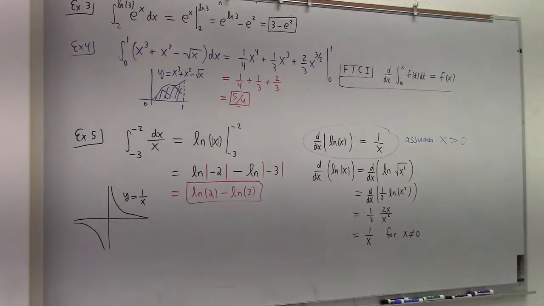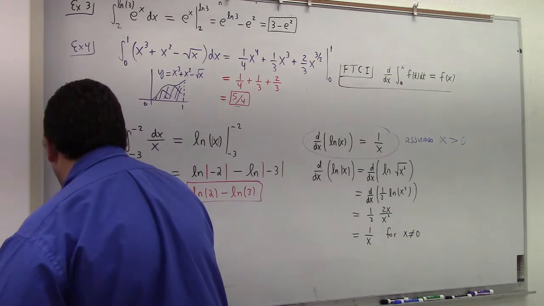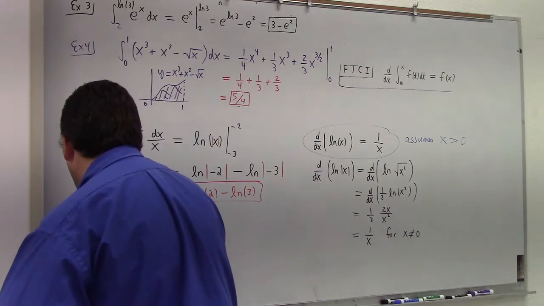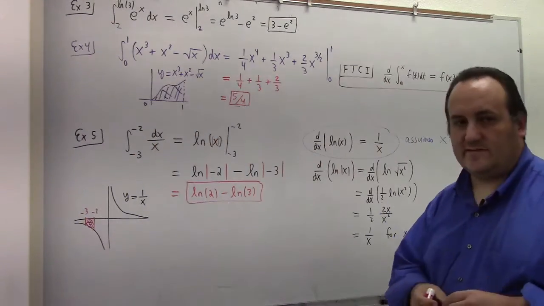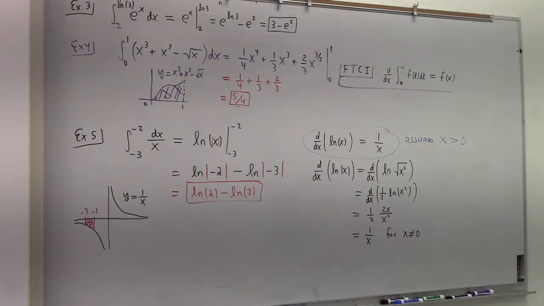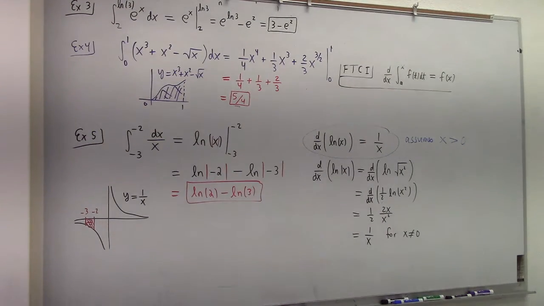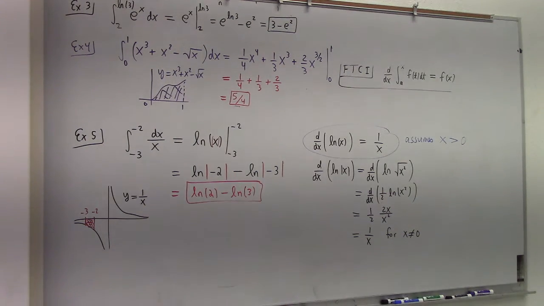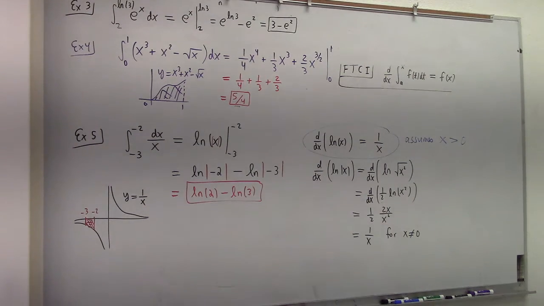And so we're calculating the signed area from like -3 to -2, right? This area right here. That area is below the x-axis, so it counts as negative. It makes sense that our answer is negative here. It should be negative because we're calculating the definite integral of a negative function. And the bounds are in their proper order. Okay.